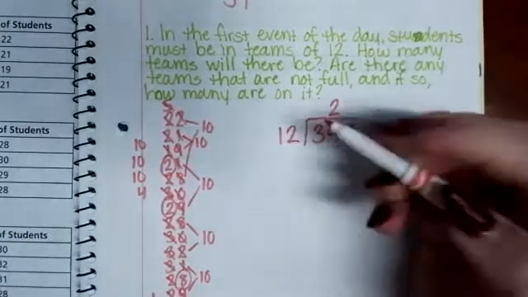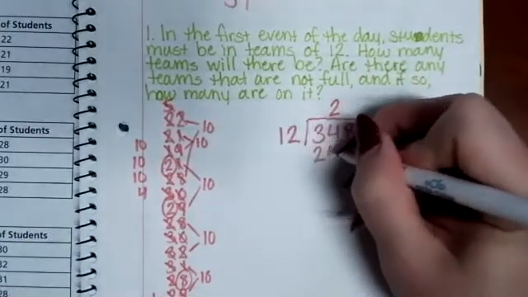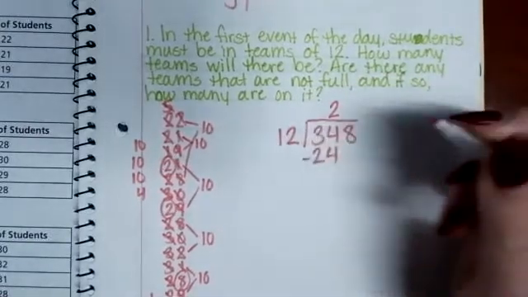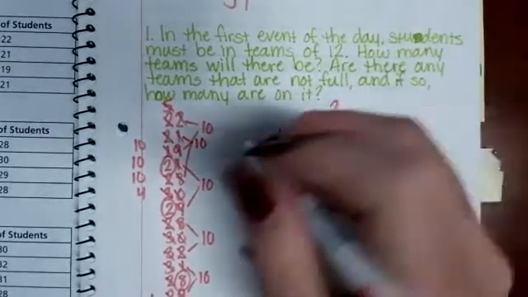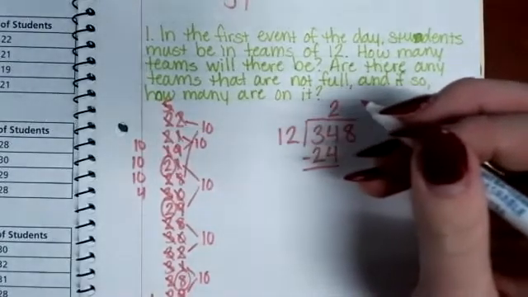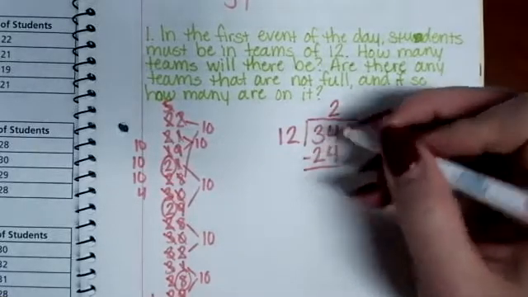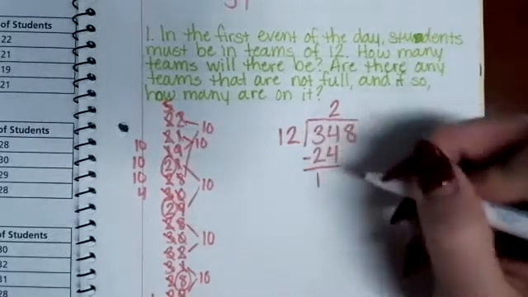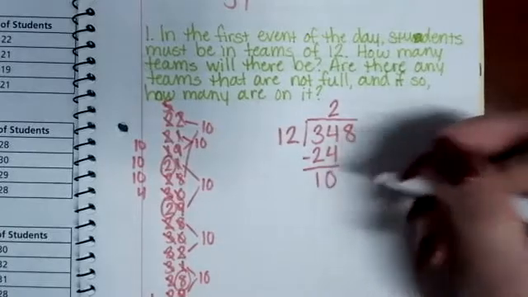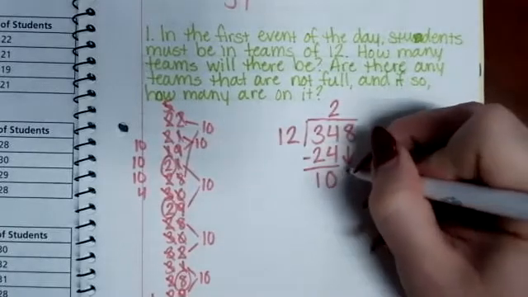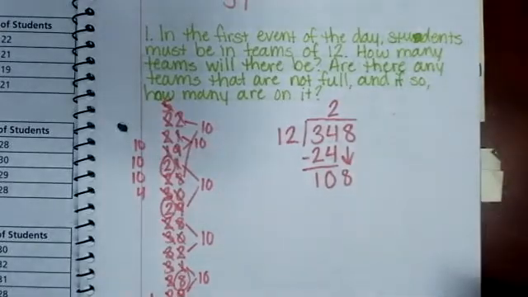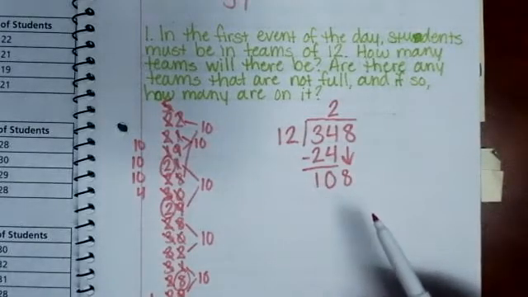All right, so 12 times 2, that is 24. And then I can subtract. 3 minus 2 is 1. 4 minus 4 is nothing. And then I'm going to bring down my 8. So now I have 108 here.